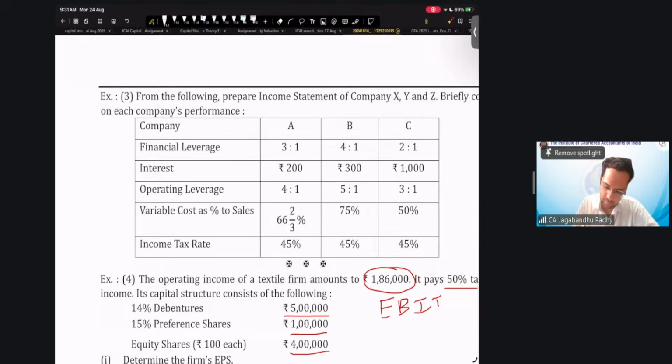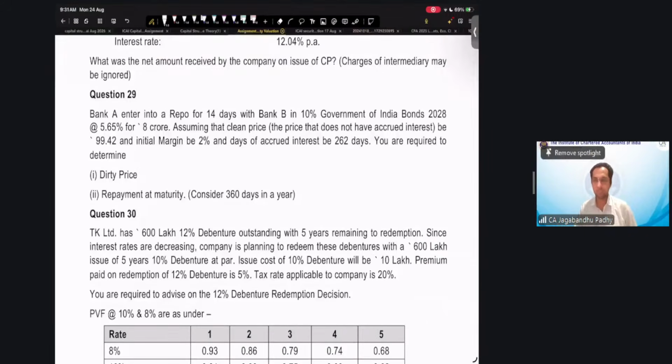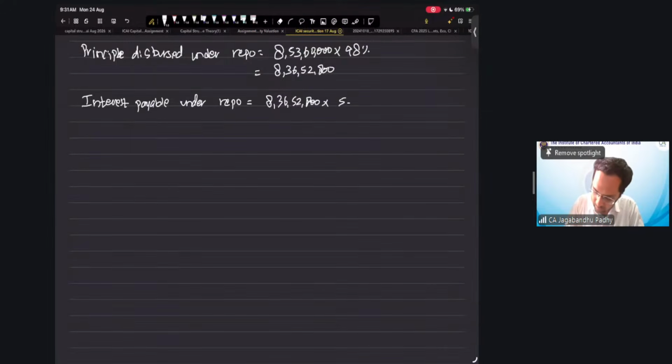The rate is 5.65% for 14 days, right? So 5.65% into 14 by 360.